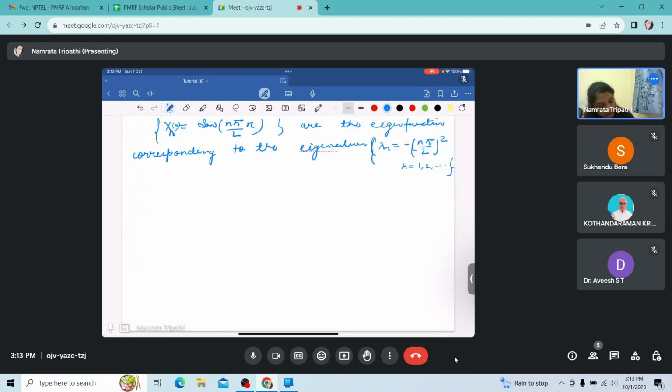Now, can we use these lambda n and find the value of T? Now, for lambda n, the general solution for T, I am putting the value of lambda n.